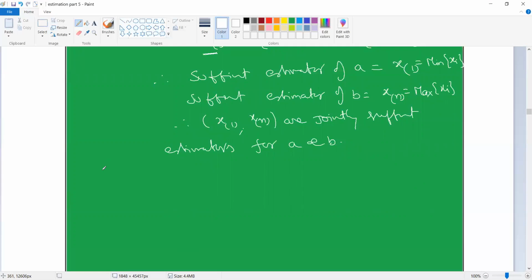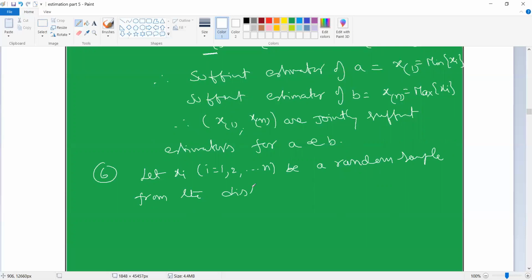Next, problem 6. Let xi, i equals 1 to n, be a random sample from the distribution f of x comma theta is equal to e power minus (x minus theta), x greater than theta, where theta lies between minus infinity and plus infinity.